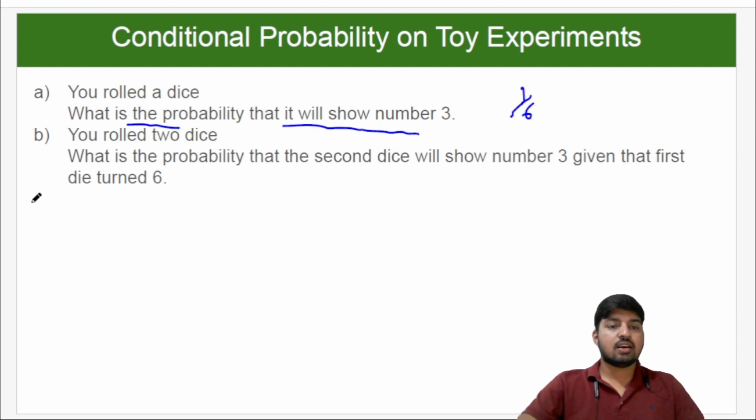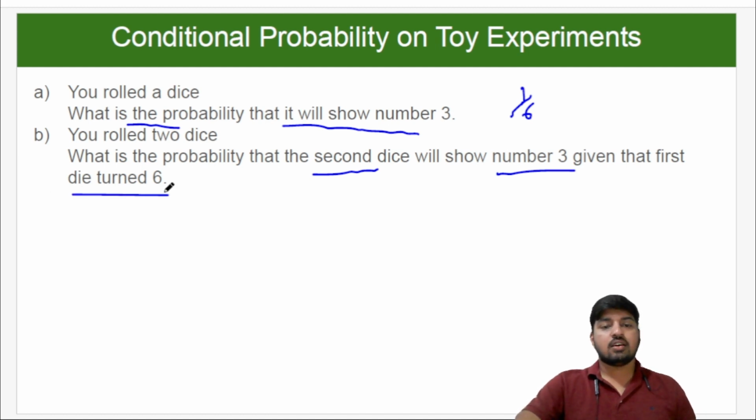Now we have a conditional probability question: what is the probability that the second die will show number 3, given that the first die turned 6? We saw this in the second part, and we calculated that, as this is independent, it is also going to be 1 by 6.